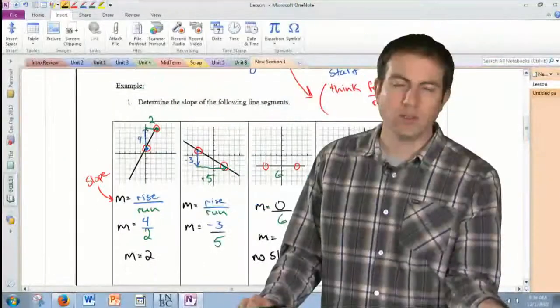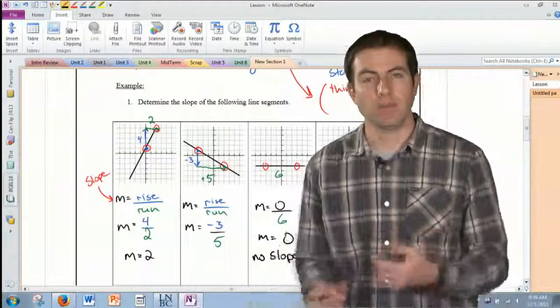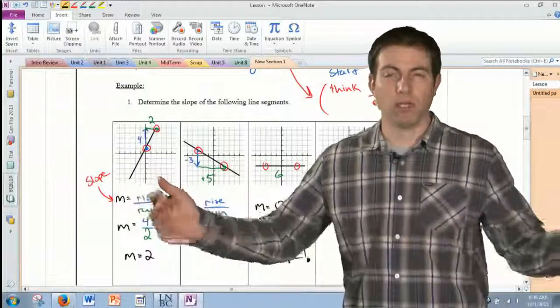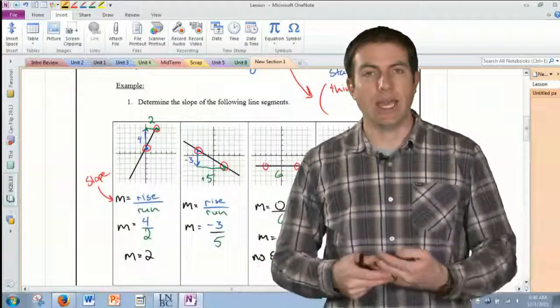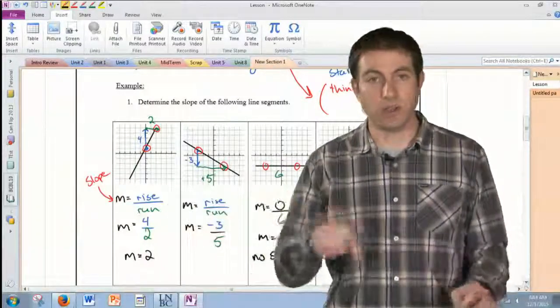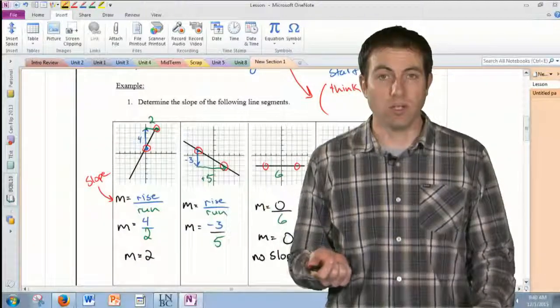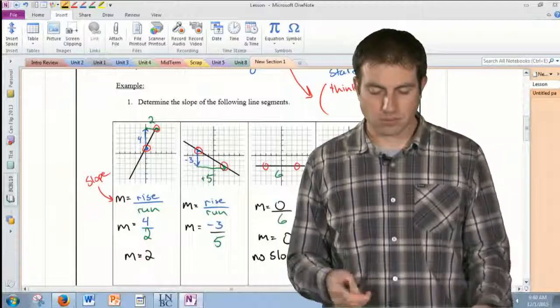So we can go 0 divided by a number, which is interesting because when I went rise over run, I could have picked any run I wanted. That line segment could continue on in both directions forever, and I could have a run of 7 million if I wanted, and 0 divided by 7 million is still 0. So it doesn't matter what your run is. If you have a horizontal line, the slope is 0.